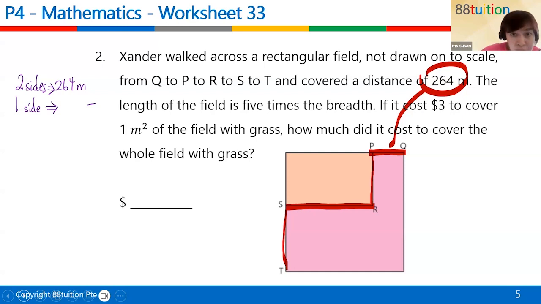Okay, so the question says, to Q and a distance of 264.